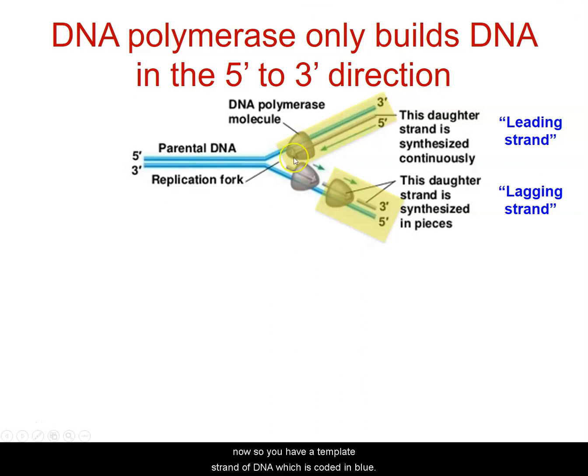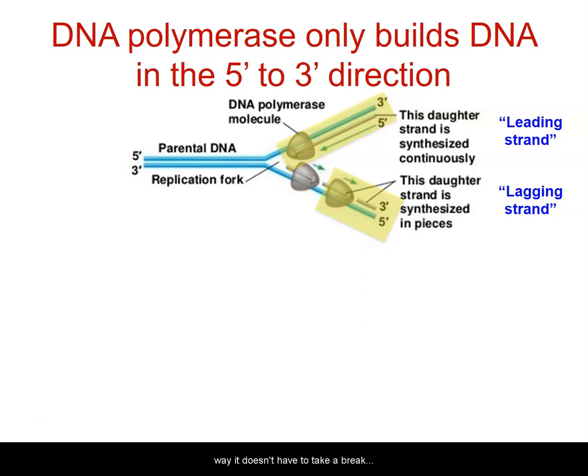So you have a template strand of DNA, which is coded in blue, with these green molecules being new DNA. When DNA polymerase lands on the leading strand, it is synthesizing in the correct direction, 5' to 3'. So you can see this DNA polymerase molecule on the leading strand adds a 5' and builds it towards the 3' direction. Because it's moving the right way, it doesn't have to take a break.